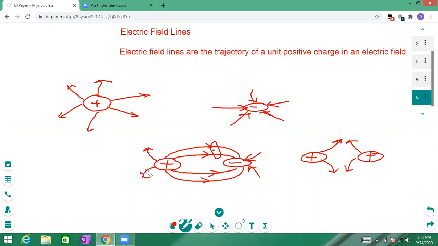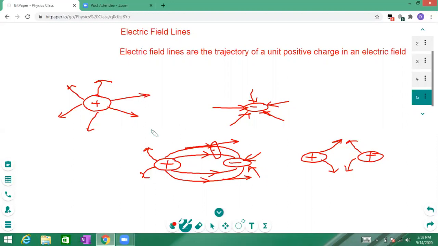Similarly, to find out the direction of the electric field at some particular point, we have to draw a tangent here. The direction of this tangent will give the direction of the electric field.